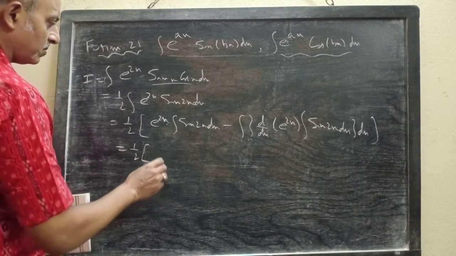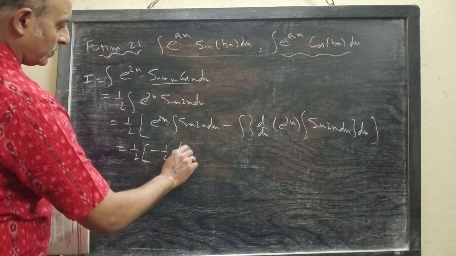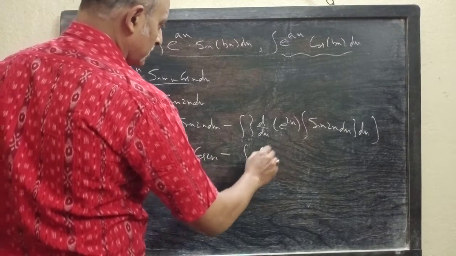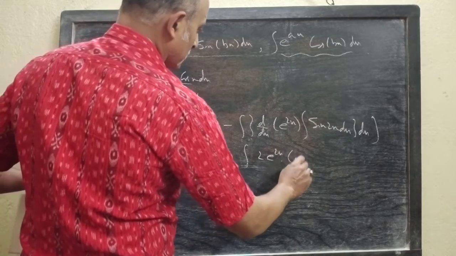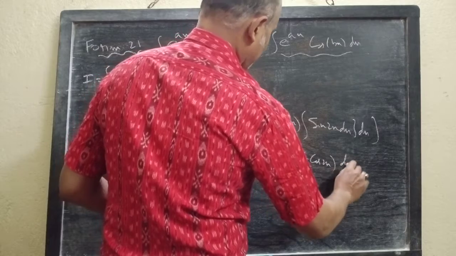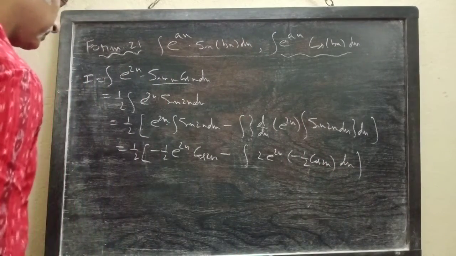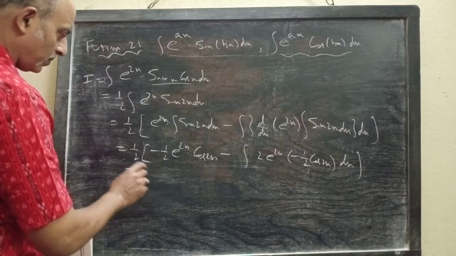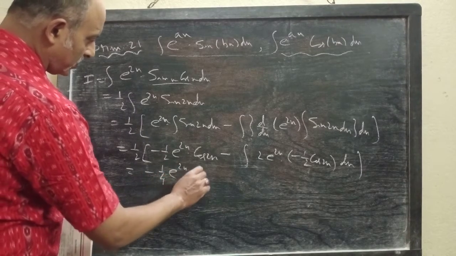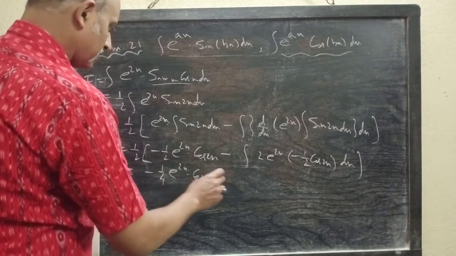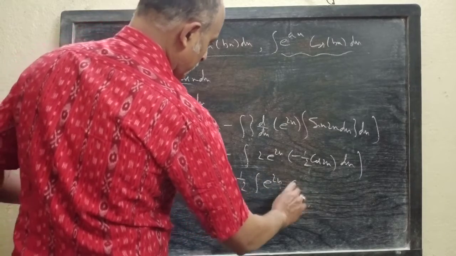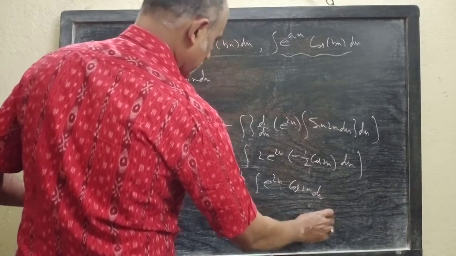Its integral is minus half cos 2x, so minus half e to the power 2x cos 2x minus integration of 2 e to the power 2x times minus half cos 2x dx. Half introduced inside, so this becomes minus 1 by 4 e to the power 2x cos 2x minus half integration e to the power 2x cos 2x dx.